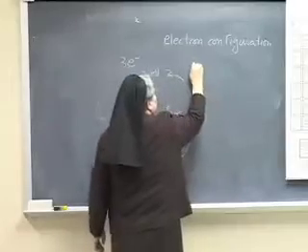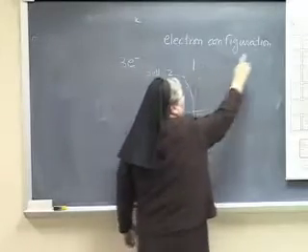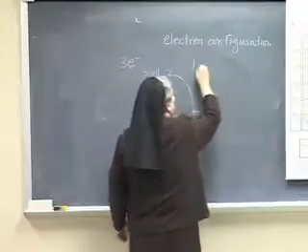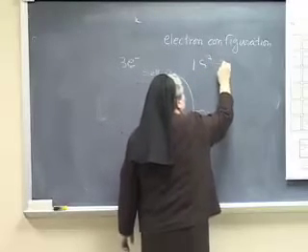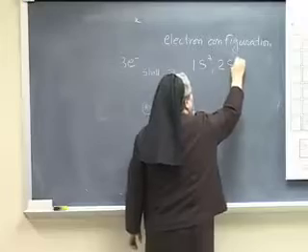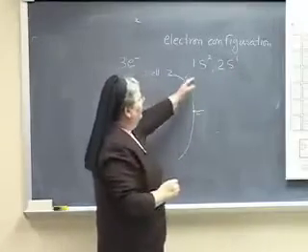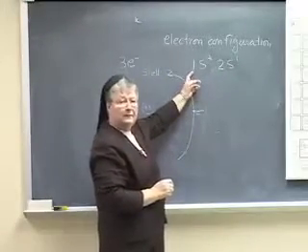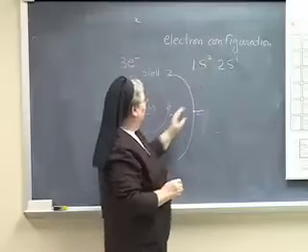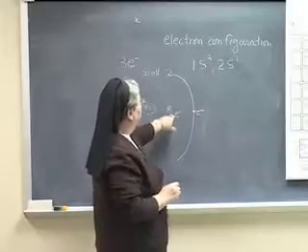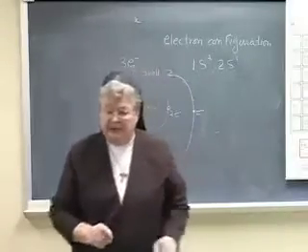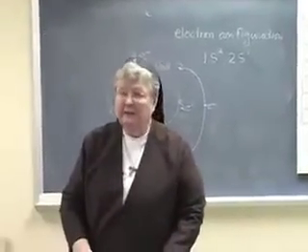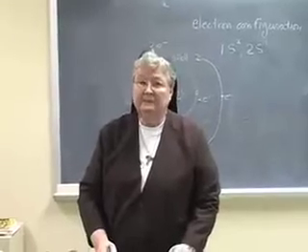The first shell is the same as the row. In the S, there are 2 electrons. Then in the second shell, in the S, there's 1. That's the electron configuration for lithium: 1s, 2 electrons in the first shell, and 1 electron in the 2s. Altogether, 3 electrons.